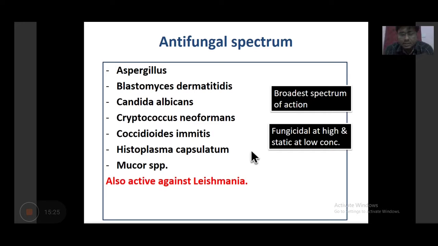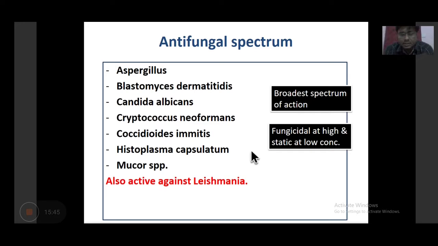So you can see the spectrum here: aspergillus, blastomyces, candida, cryptococcus, coccidioidomycosis, histoplasma, mucor. I hope you know these; you need to read about them from your microbiology. Everything about these fungi is obviously a very important topic as far as microbiology is concerned too.